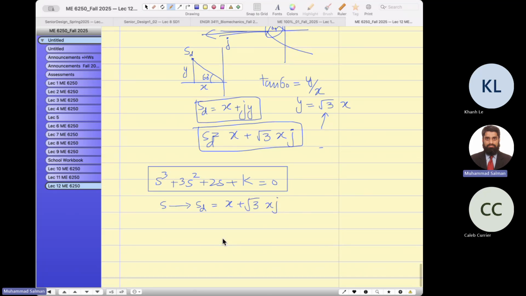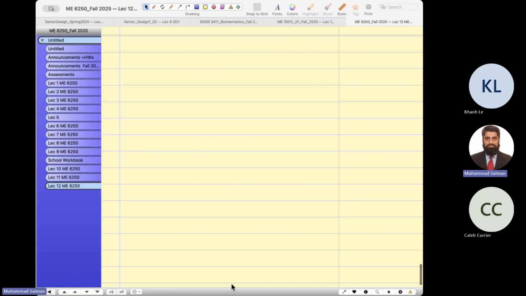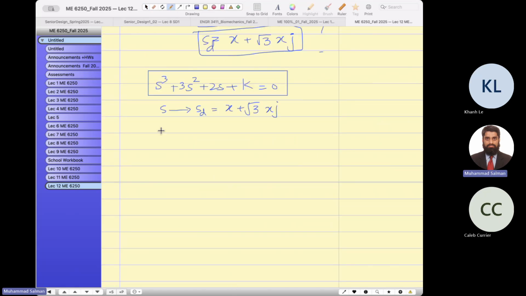So now what I have to do is again the same technique: x plus square root 3 times x j, this is j by the way, and plus 3x plus square root 3 times x j. I forgot j here. Okay, this is my j. I should have written it here again so that you should not get confused later down the road. So this is my j. Agreed?